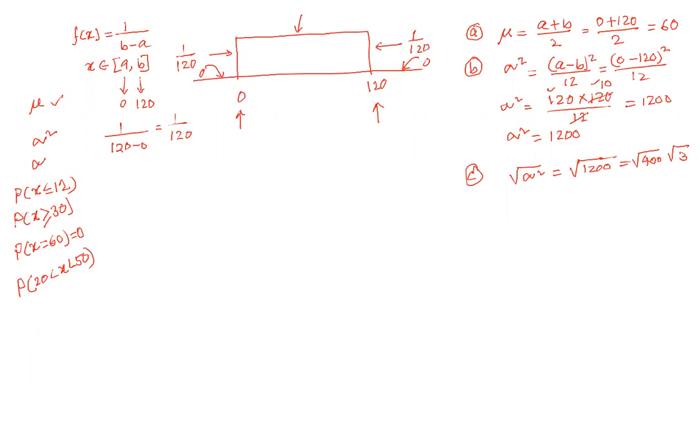So sigma is equal to square root of 400, which is just 20, times square root of 3. I factored it in such a way so that I could take out a perfect square. 400 is the largest perfect square I could factor out from 1200. So 20 times square root of 3 is going to be your standard deviation.